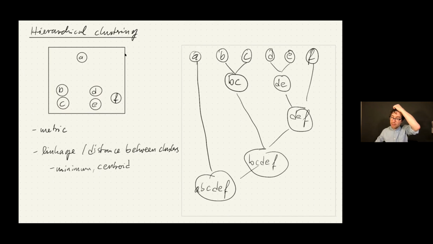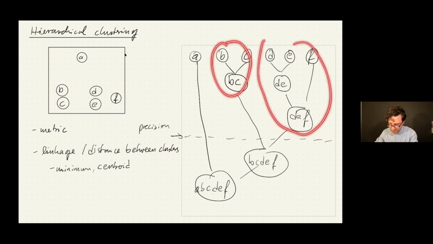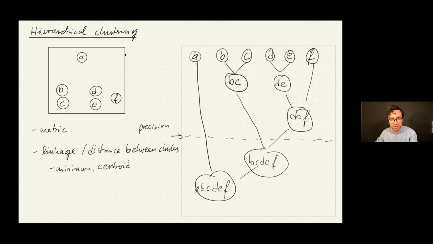Now if we want to define clusters in our data, we need to define a precision threshold along this axis. We could, for instance, put it here. Then this would cut the tree into separate subtrees, and we would have a subtree here, a subtree here, and a subtree here, and this would be our 3 different clusters: cluster 1, cluster 2, and cluster 3.